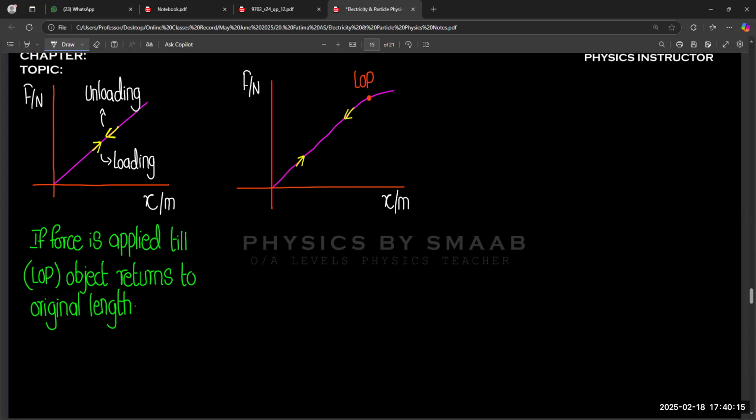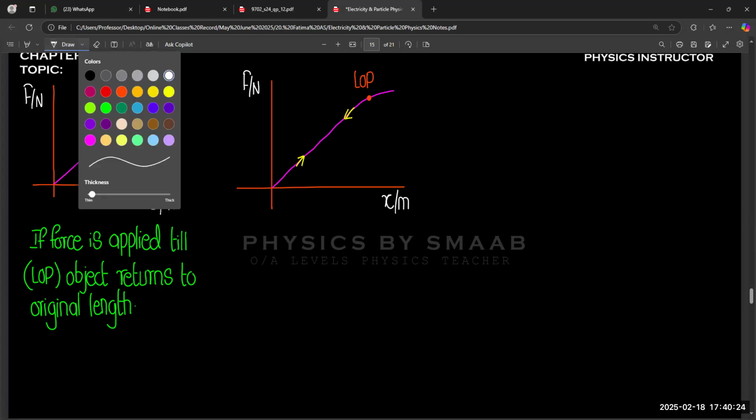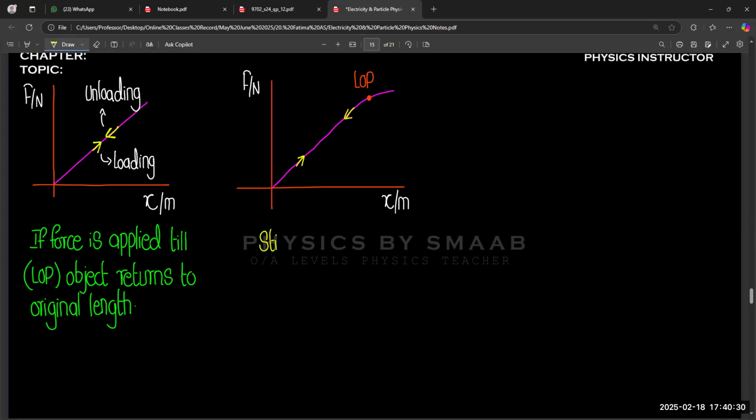So basically, if we reach the limit of proportionality, it still returns to the original position, because the elastic limit is not crossed.